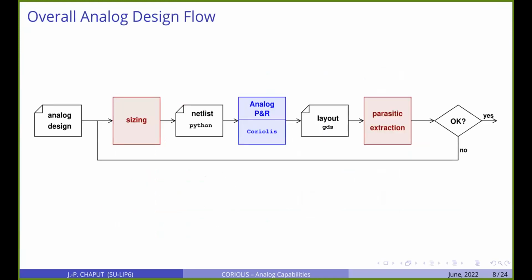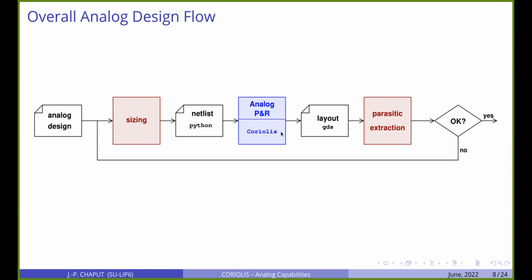So now, the analog flow. This is not exactly what we use, but this is how Coriolis should be integrated inside a complete analog design flow.